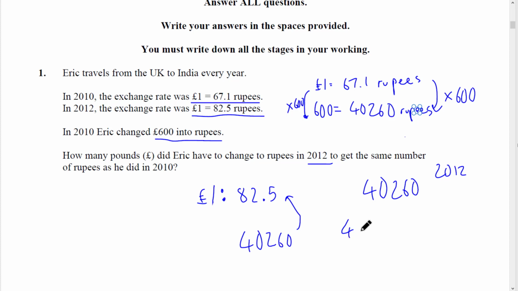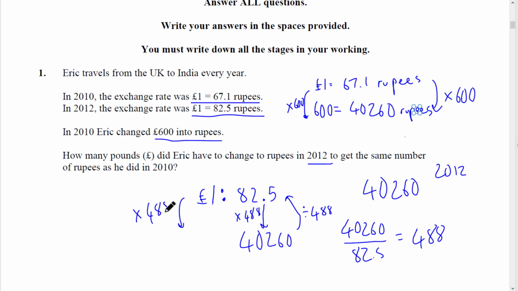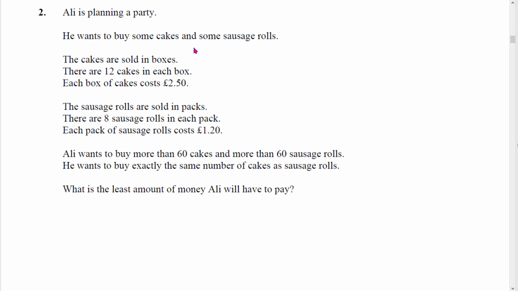Well, we just need to divide by 82.5. That equals 488. So if this way is divided by 82.5, then we are multiplying by 82.5 here, so we get 488 pounds, and that's done.